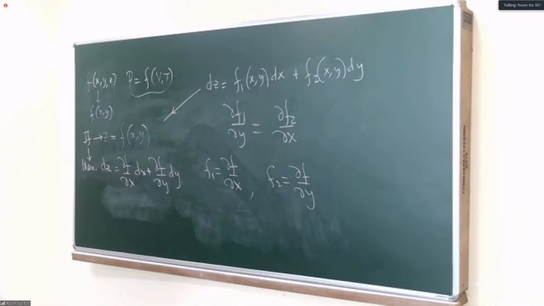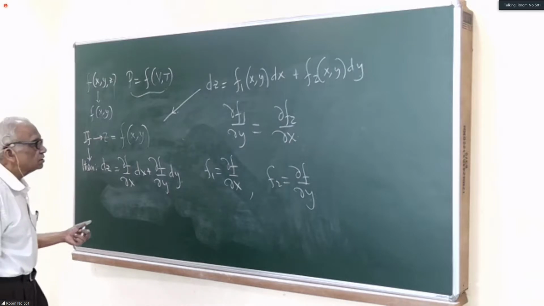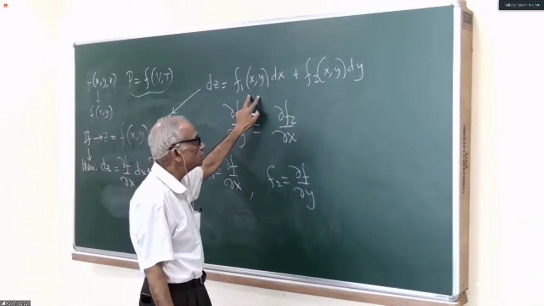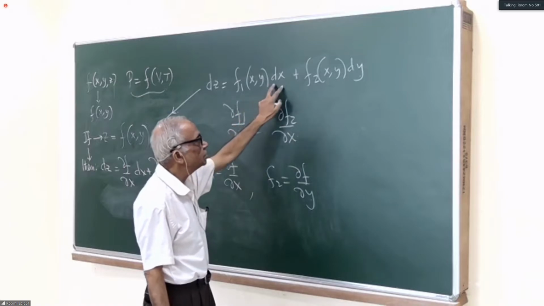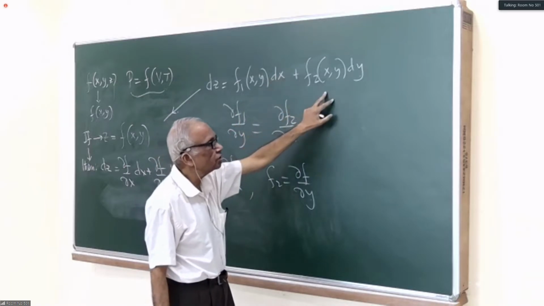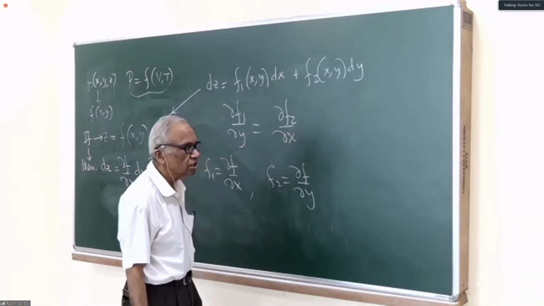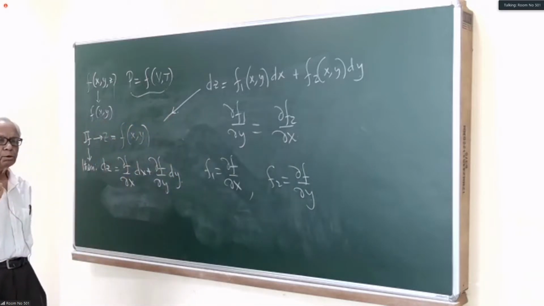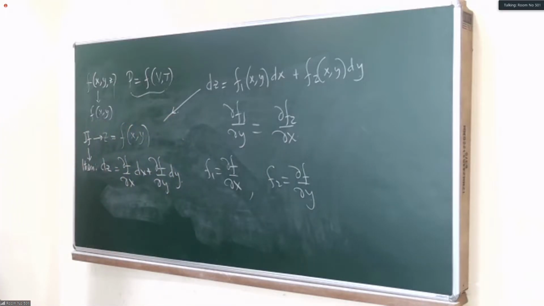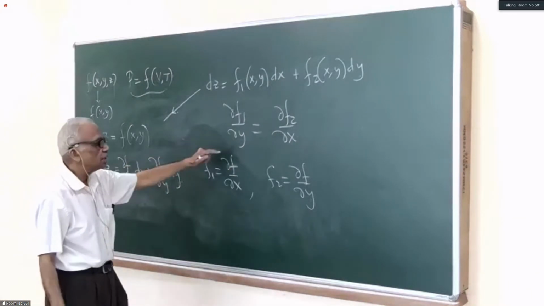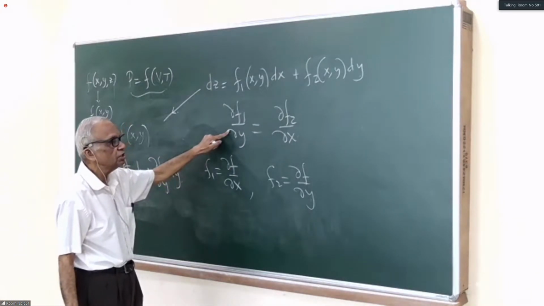Suppose that the dP were prescribed as some function of V and T times dV, and then some function of V and T times dT. And I asked you to go and find me the pressure. Well, you would carry out this check over here.